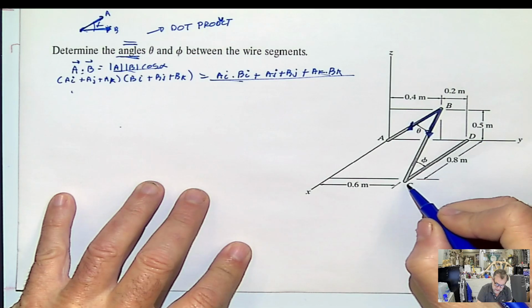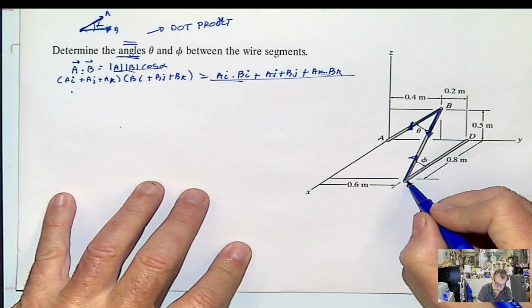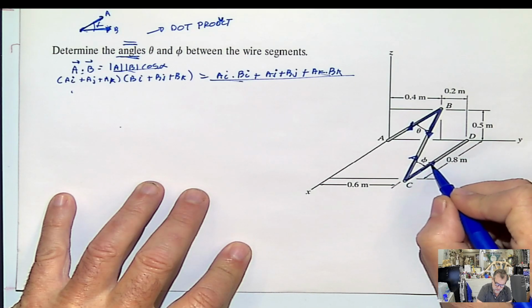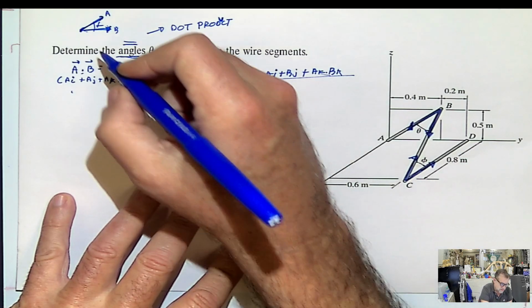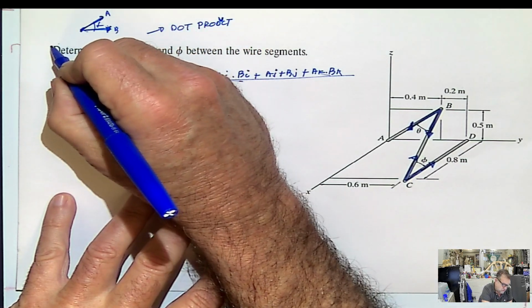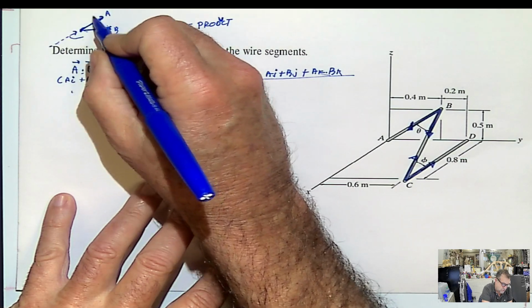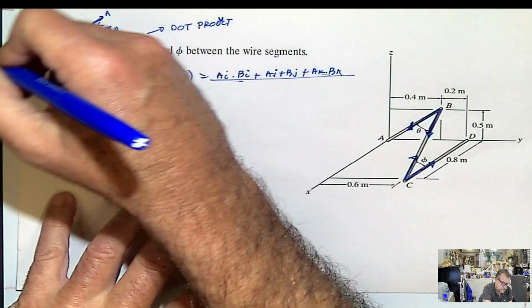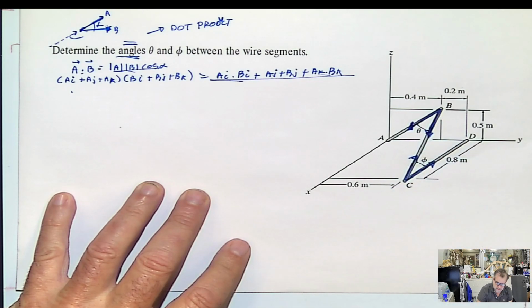But if I need this one, I need a vector in the direction CB and a vector in the direction CD. Otherwise, if I just put the vector in this way, what I will be calculating is the other angle, the exterior angle. So tail to tail, all the time.